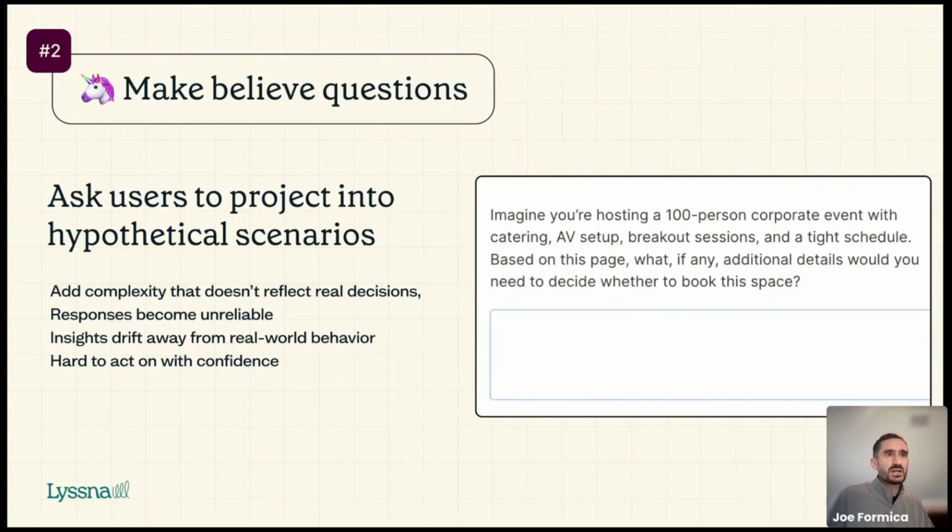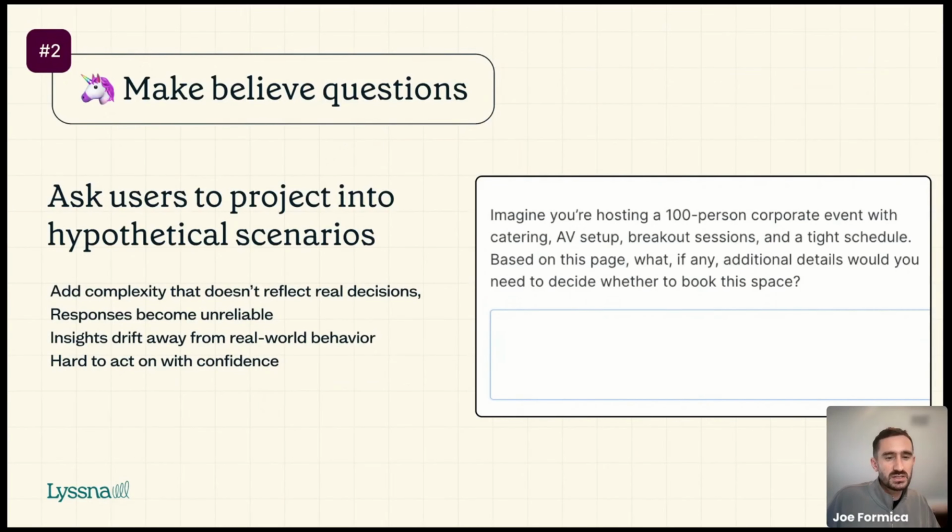So make-believe questions are where your question is loaded with lots of setup, imagine that you're doing this, lots of criteria, forcing your user to envision themselves in a different scenario and a specific scenario that gets them away from their actual experience. So it adds complexity that doesn't really reflect real decisions.